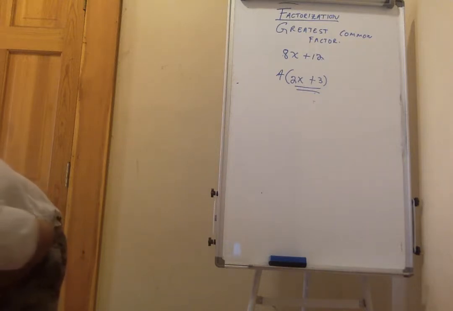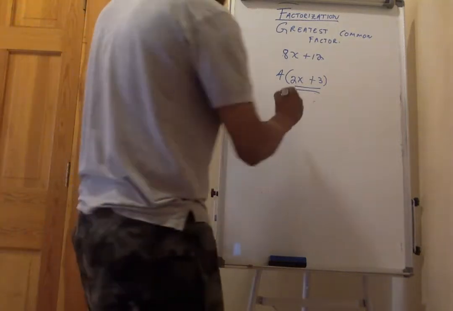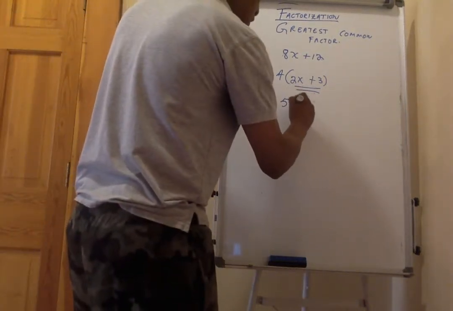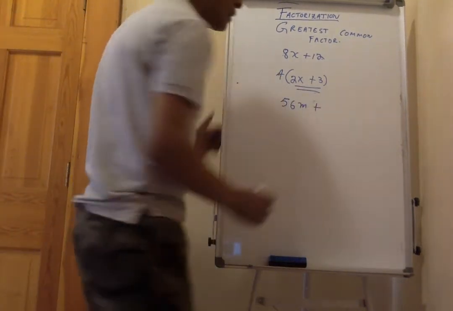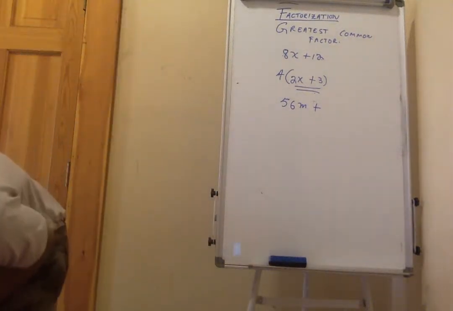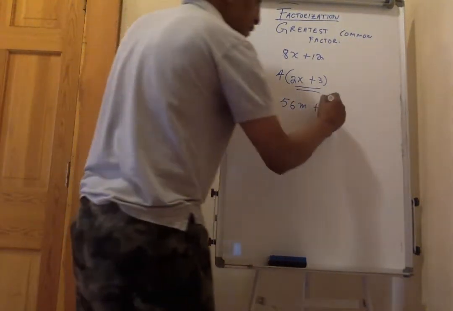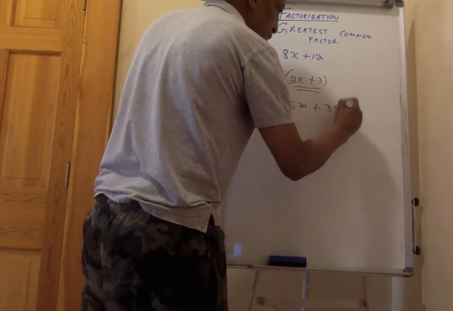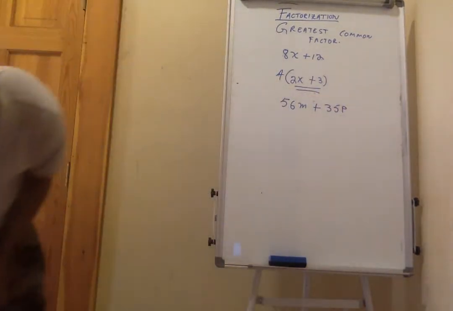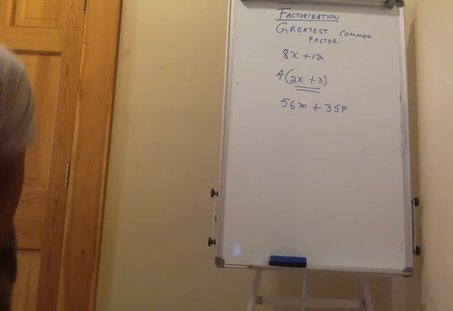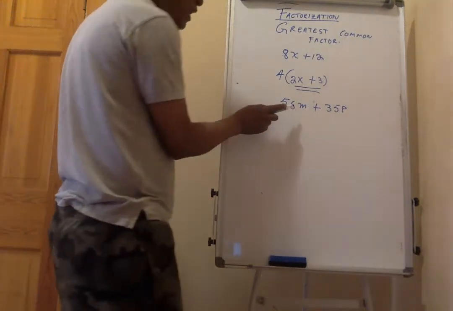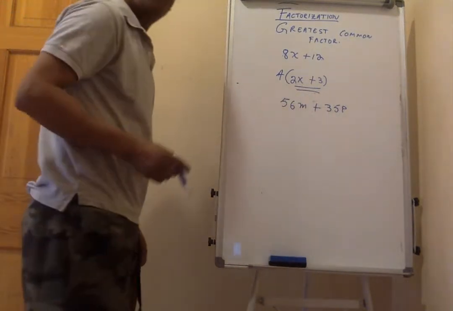Let me see another one. 56m plus 35p. Mind you, now there are two variables, right? So let's go ahead between 56 and 35.